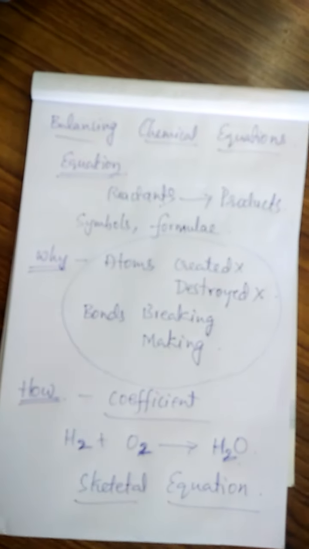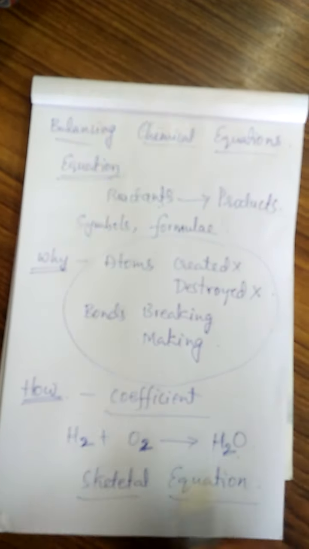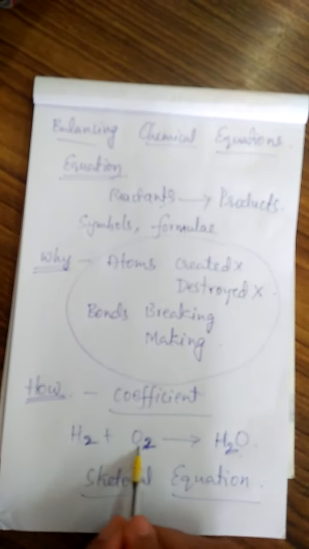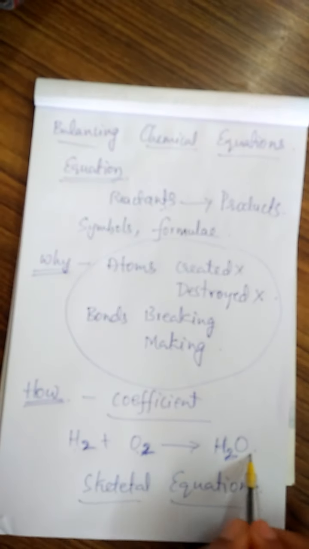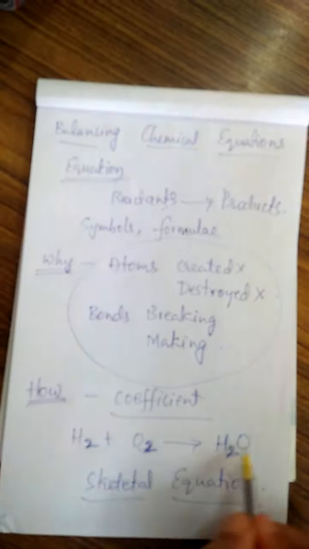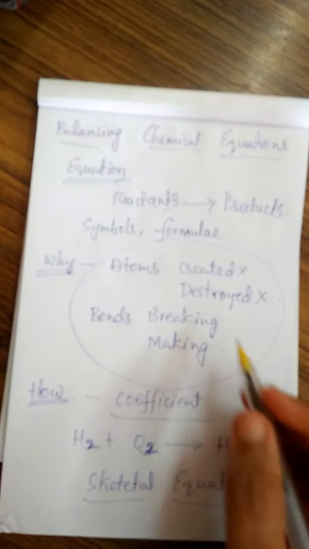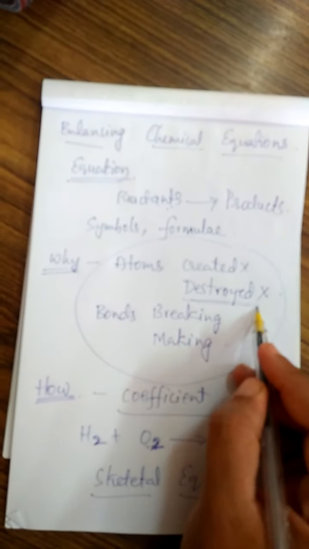So hydrogen reacts with oxygen to form water. But in this equation, 2 oxygen atoms are on the reactant side, but the product side has only 1. 2 oxygen atoms will not react together to form 1 oxygen atom, no. Atoms are not destroyed, new atoms are not created, and those already there are not destroyed.